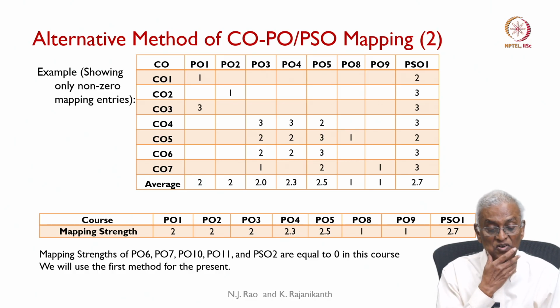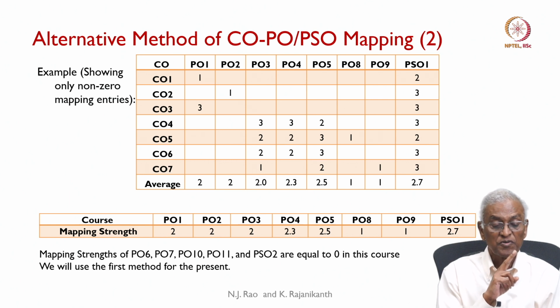And how do I compute the average? Only by non-zero values. That is, if two COs are addressing PO1 and one is 1, the other is 3, I add 3 plus 1, and since there are two COs addressing, I divide by 2 and put 2 as the number there. Okay.